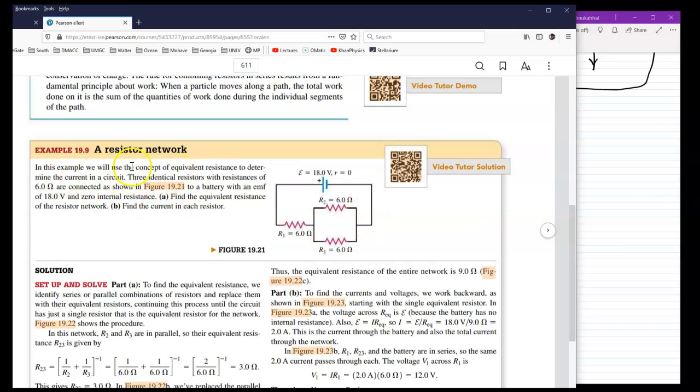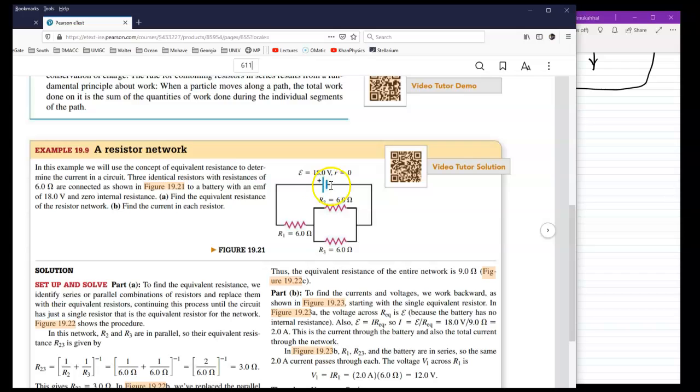So he says, in this example, we will use the concept of equivalent resistance to determine the current in the circuit. 3 identical resistors with resistances of 6 ohm, so each of them is 6 ohm: R1, R2, R3, connected to a battery with an EMF of 18 volt. Where is the battery? Right here.